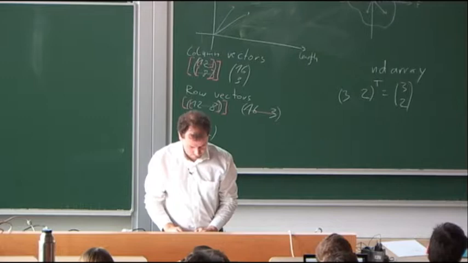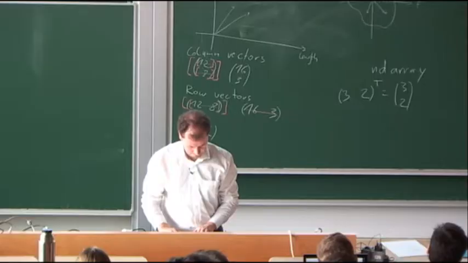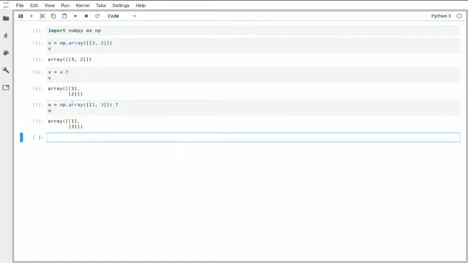Maybe we want to define a second vector, w. w is np array, the vector 1, 3, and we transpose it to make it stand up. So this is now our vector w. Now we have the vectors, maybe I can draw that here. The first vector is 3, 2. This is v.